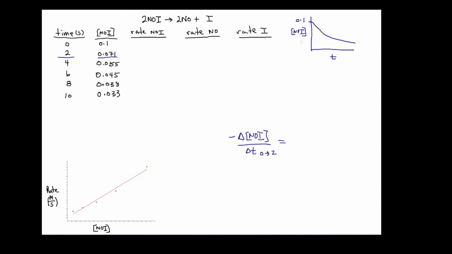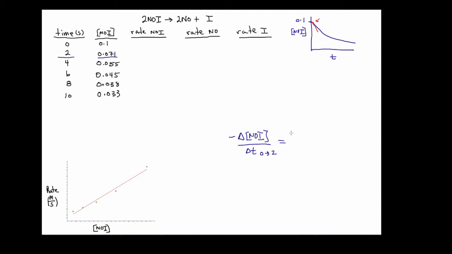And right now, for the time interval, we're finding the slope of the line very close to where t is 0. So if I was to mark 2 points on here, and we would have a tangent along this line here, then we're finding the slope of the line pretty close to t equals 0. All right, and the 2 points are going to be 0 and 0.1 and 2 and 0.071.